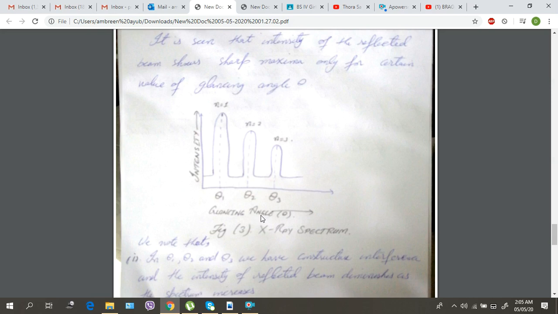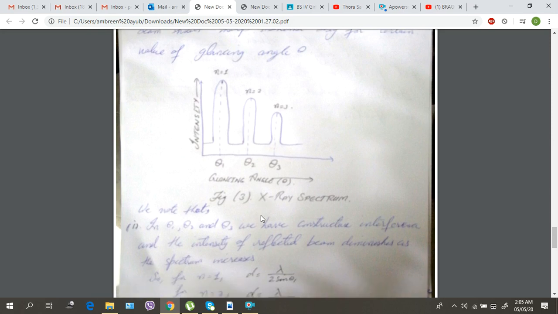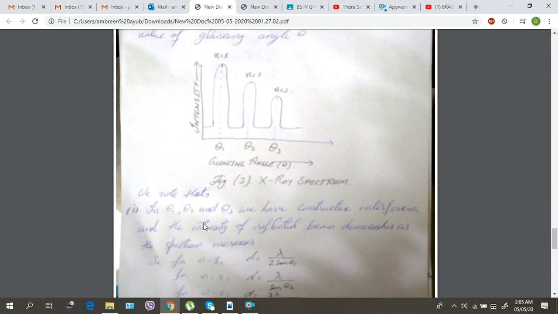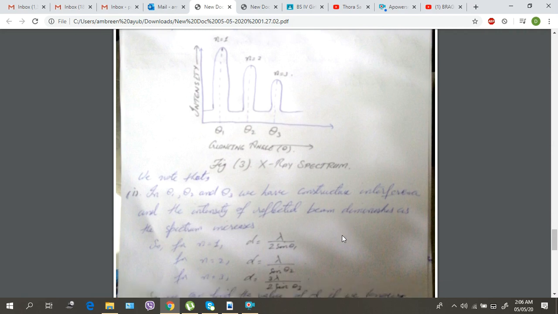In this case, the intensity decreases as n is increased. So we note that at theta 1, theta 2 and theta 3 we have constructive interference, and the intensity of the reflected beam diminishes as the order increases.